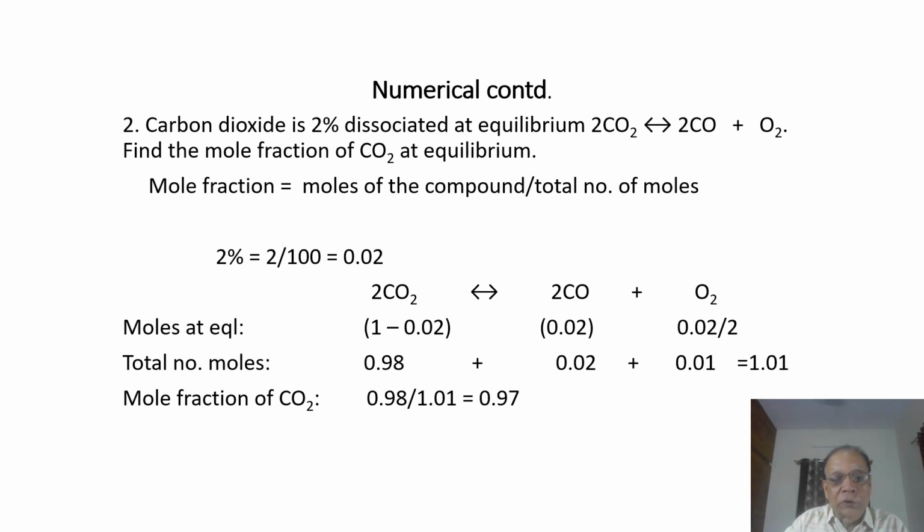Therefore, the mole fraction of CO2, applying this formula: total number of moles is 1.01, the number of moles of the compound whose mole fraction is asked is 0.98, and 0.98 divided by 1.01 is 0.97. So the mole fraction is 0.97, which is very close to 1, and therefore the dissociation is very, very little, as indicated by this 2% value.